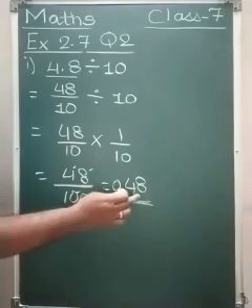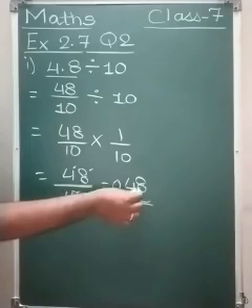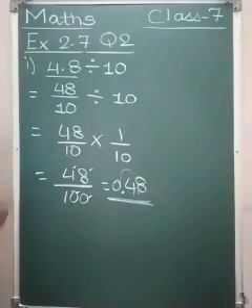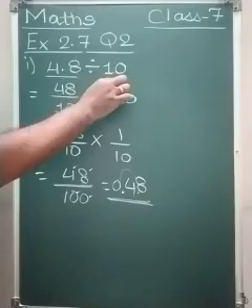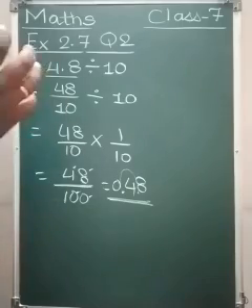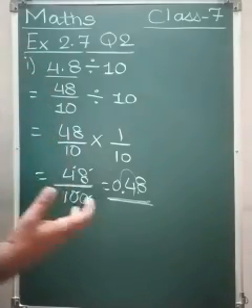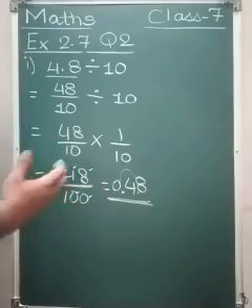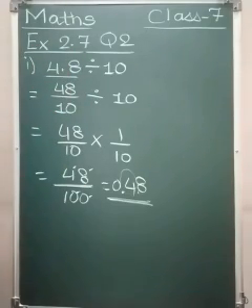That means the decimal point got shifted towards the left hand side when division is there, as many places as the zeros are there. When we go further, we will understand this concept very clearly. By the end of question number 3, it would be possible for you to solve these questions orally. Okay, let us move further.